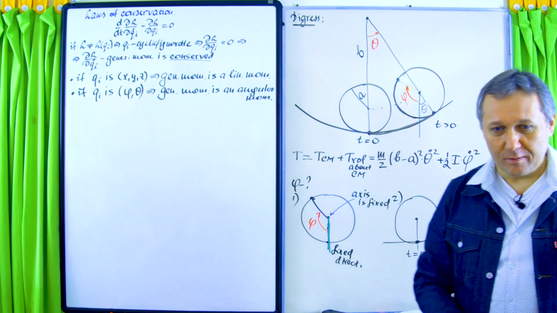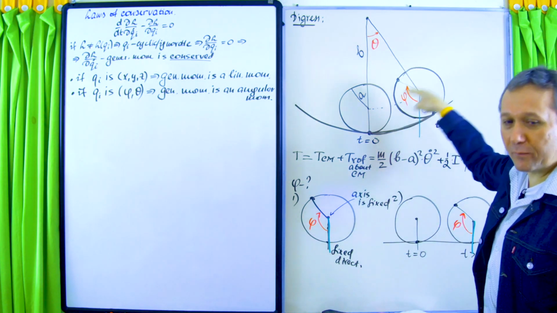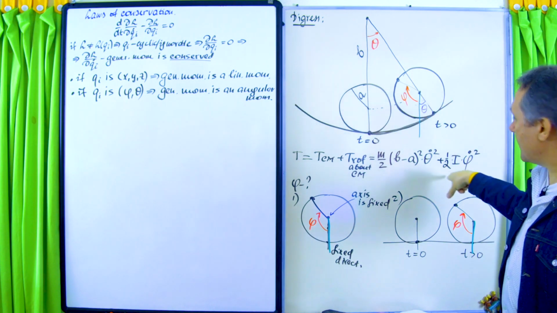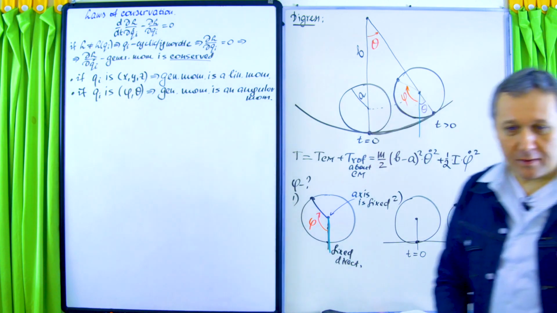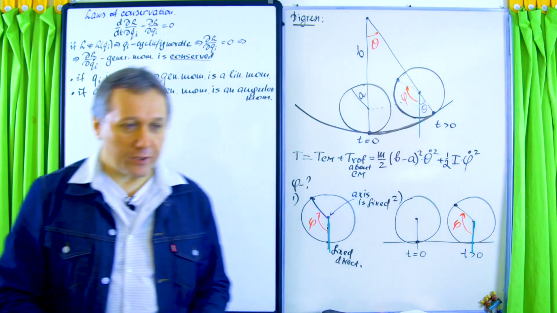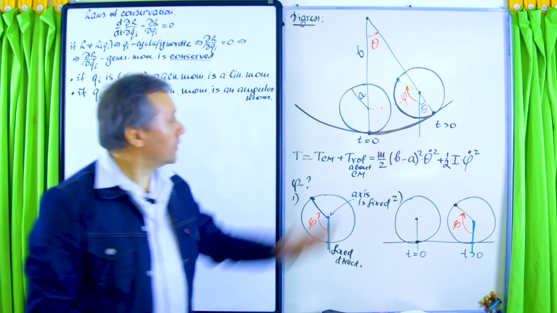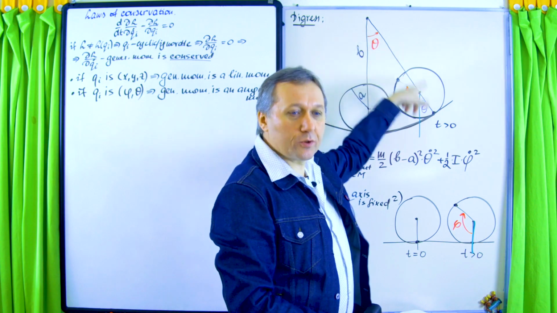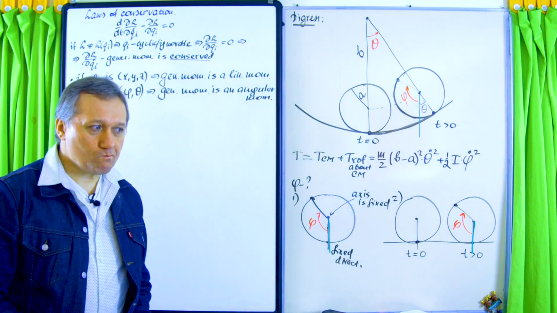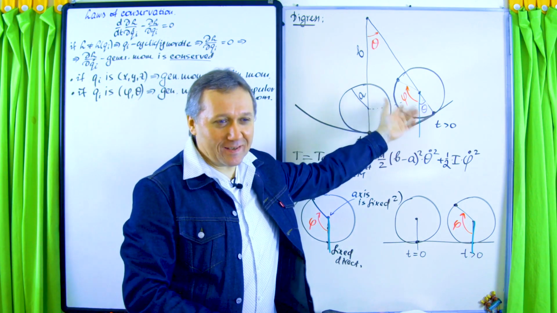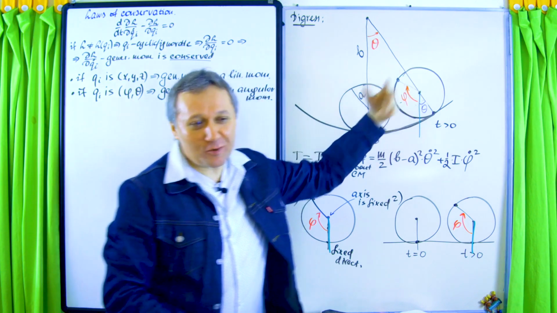So this theta dot would be involved in this term if we used the original way of measuring phi, which shouldn't be. This rotation shouldn't be in the definition of angle phi.